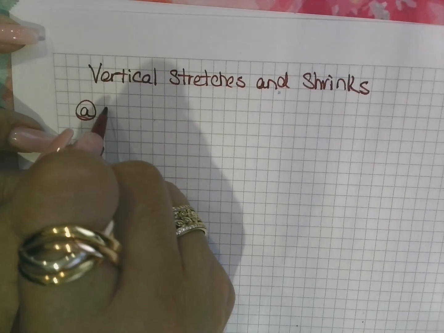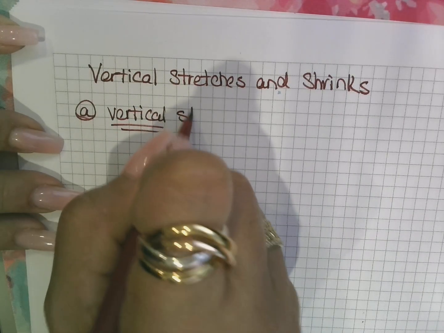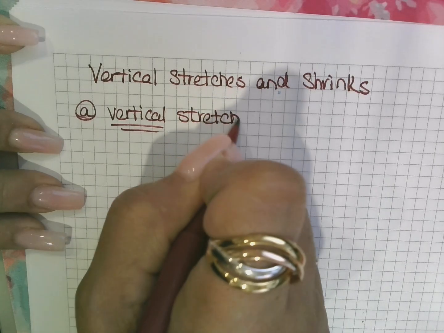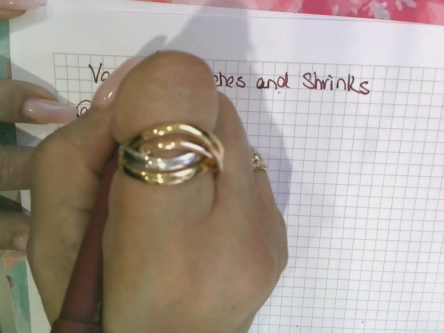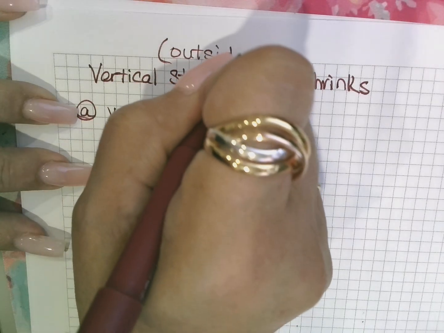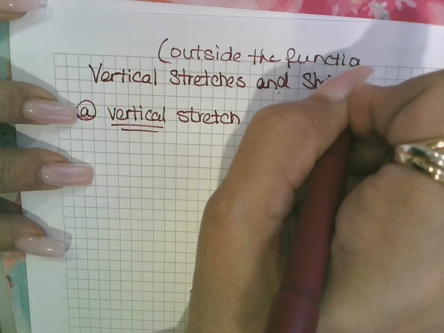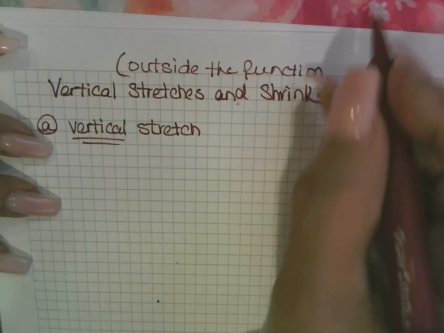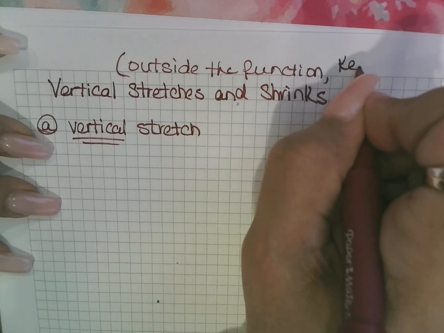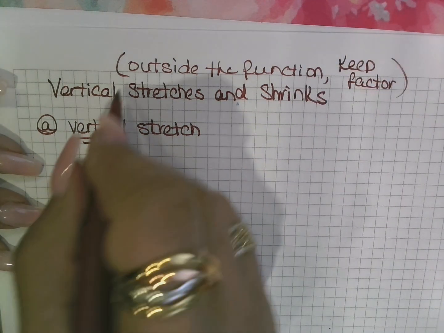So if we want a vertical stretch, and vertical stretches and shrinks are going to occur outside the function. And you use the actual factor, so you keep the factor they give you. And I'll show you what I mean by that.